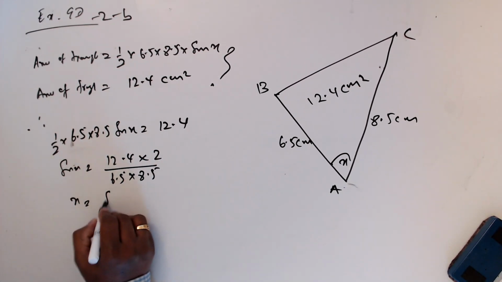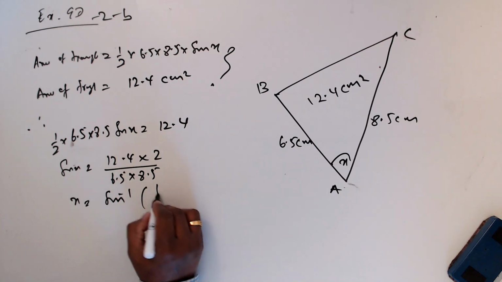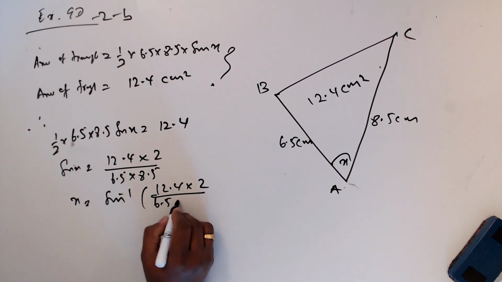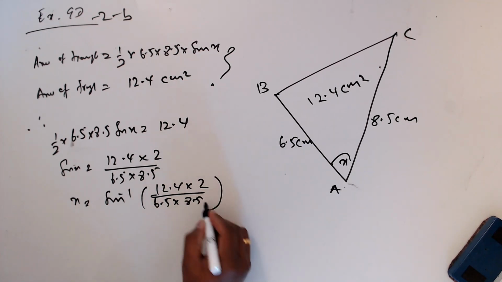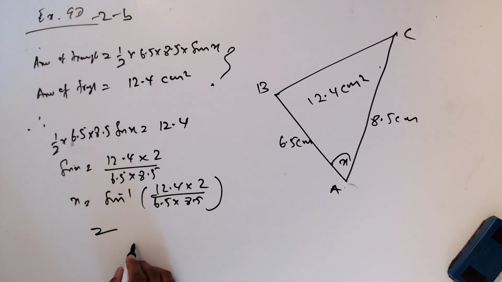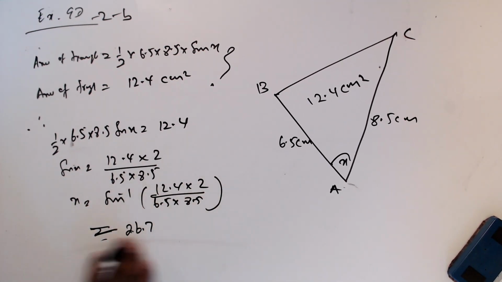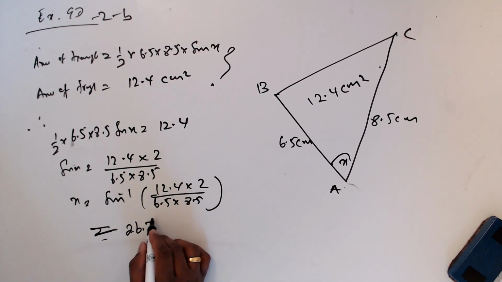Then x equals sine inverse of 12.4 times 2 over 6.5 times 8.5, and when you calculate, you will get the sine inverse answer as 26.7. Let's say approximately 27, or we'll stay with 26.7 degrees.